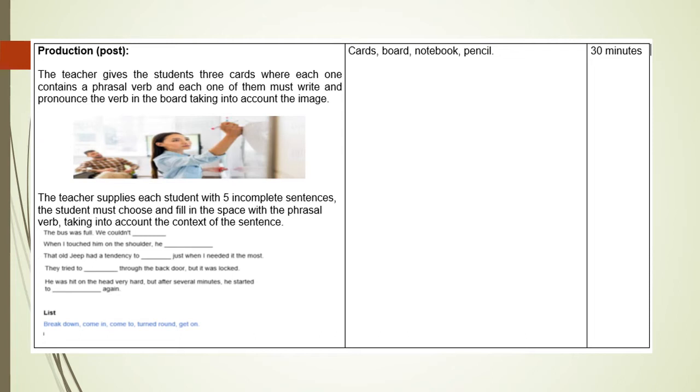The student must choose and fill in the blank with the phrasal verb, taking into account the context of the sentence. The resources for this session are cards, board, notebook, and pencil. The time for this session is 30 minutes.